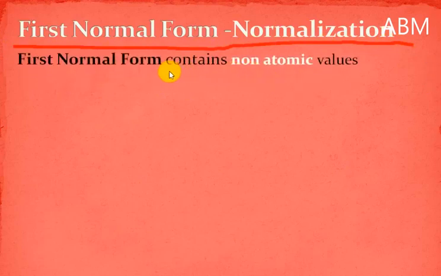So what is the first normal form? The first normal form contains non-atomic values. For example, in our relations, we are going to store data, but one cell contains more than one value. We can say that we put more than one name in one tuple.